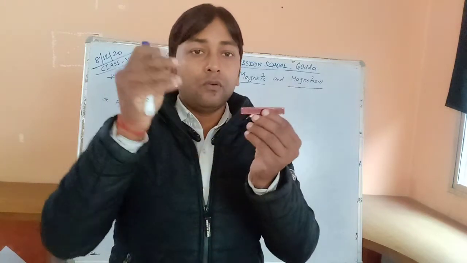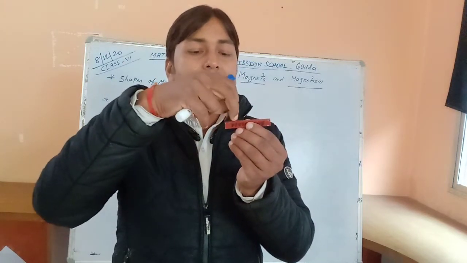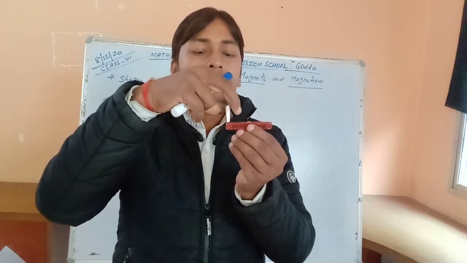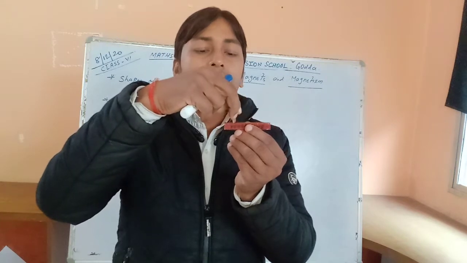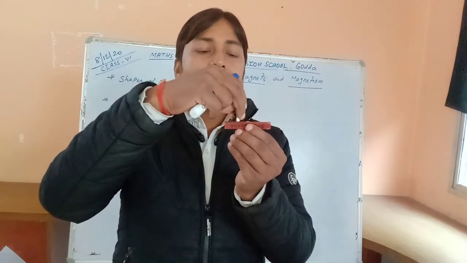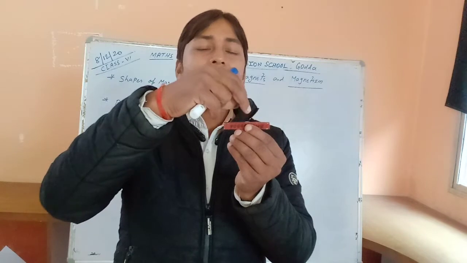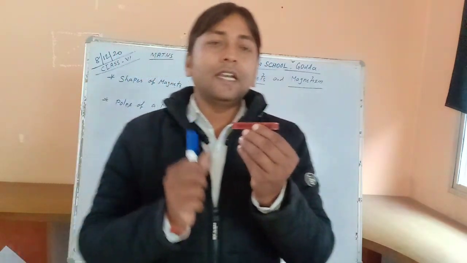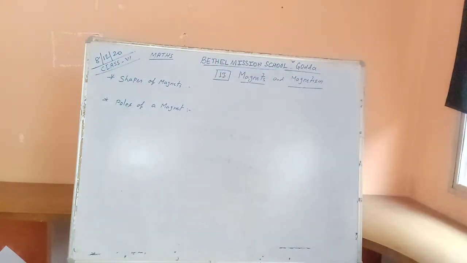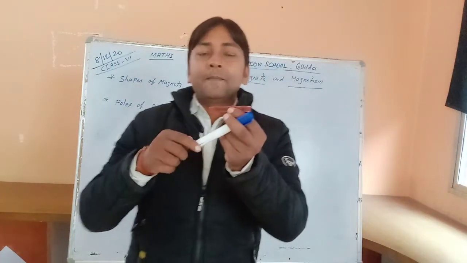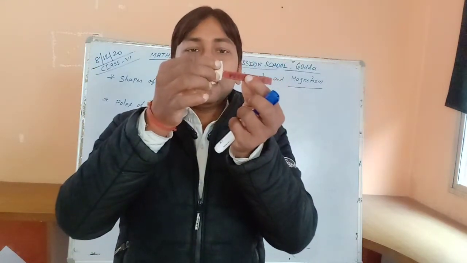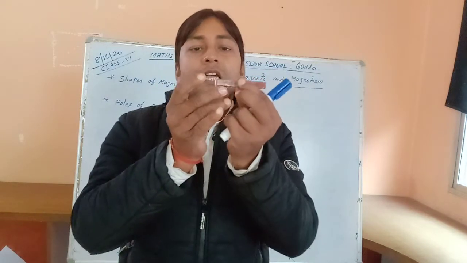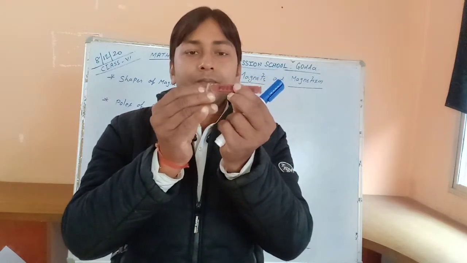Now if you touch here, it can attract, but here when you move, it will fall. Here it can't stand, it falls. So now I show you again. When you attract at this side, it will be attracted forcefully.